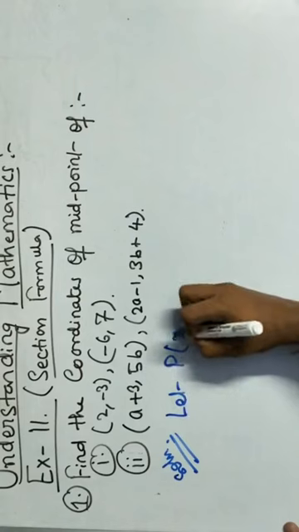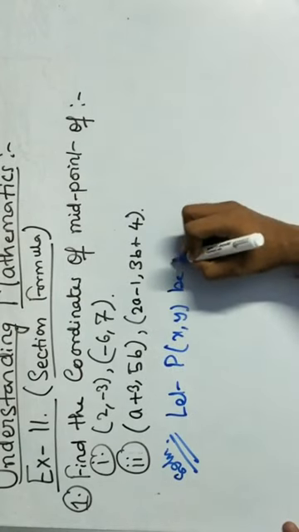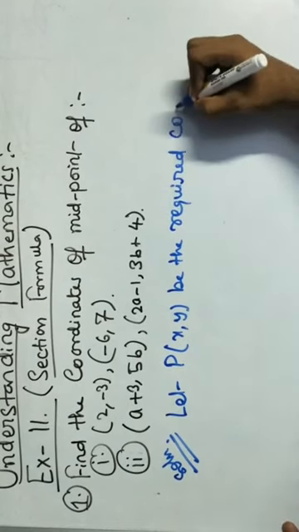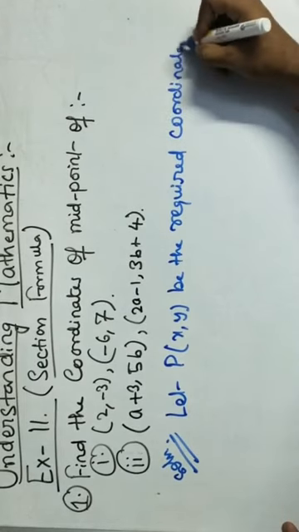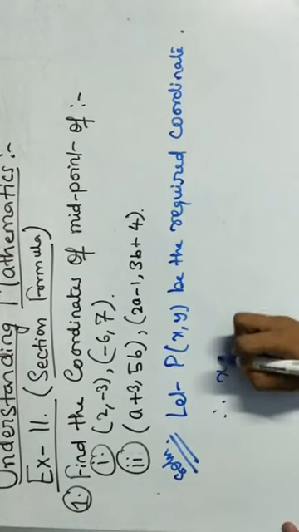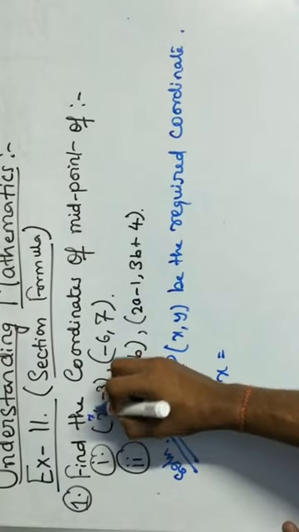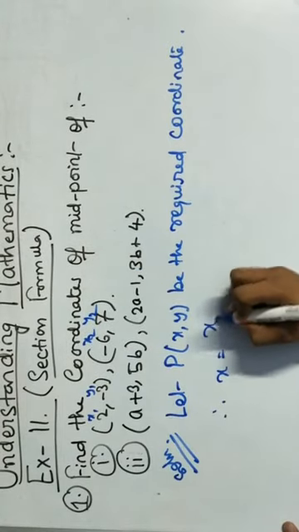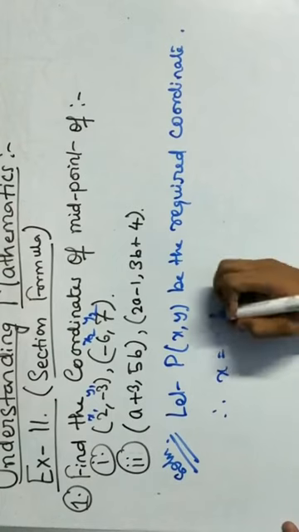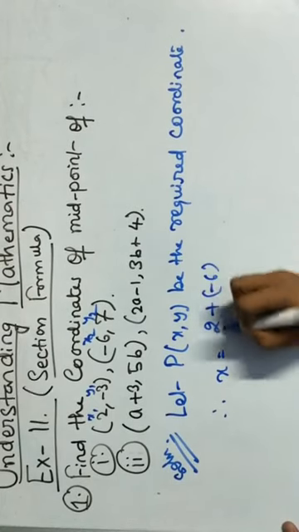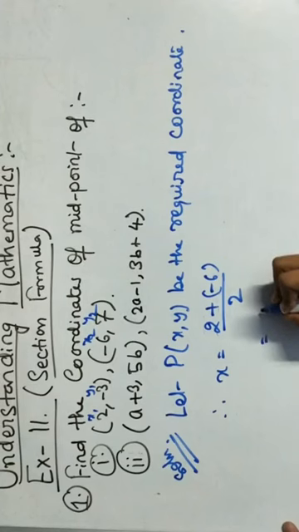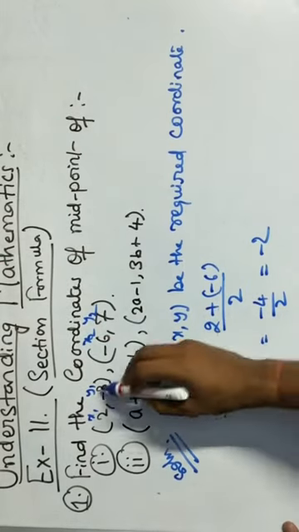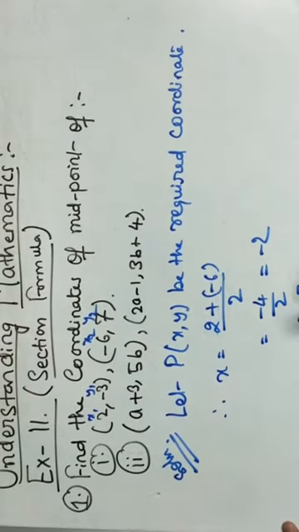Let P(x, y) be the required coordinate. So therefore x will be, this is your x1, this is y1, this is x2, this is y2. So x will be (x1 plus x2) by 2, that is (2 plus -6) by 2, which will be -4 by 2, that is -2, and y should be (y1 plus y2) by 2, that is (-3 plus 7) by 2.